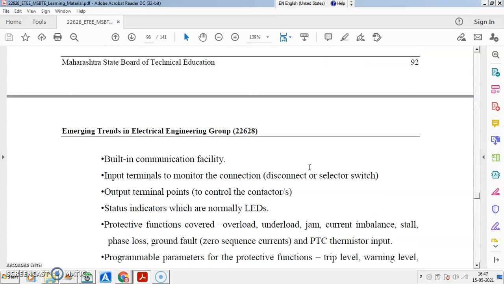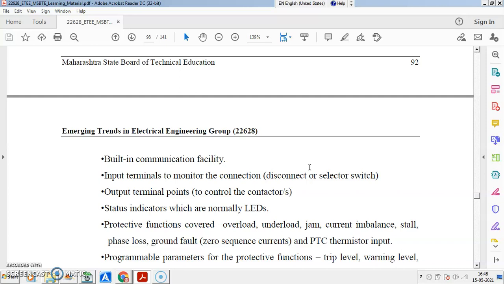Then status indicators like LEDs. It has protective functions covered like overload, underload, jam, current unbalance, stall, phase loss, ground fault, PTC, that is temperature, particularly temperature controller, programmable temperature control thermistor unit.